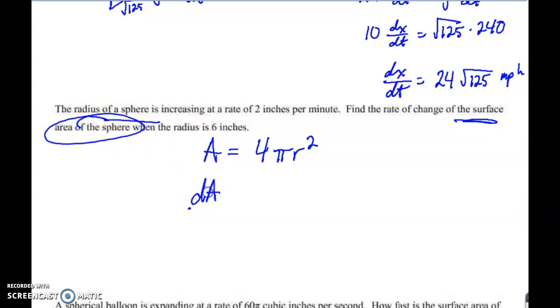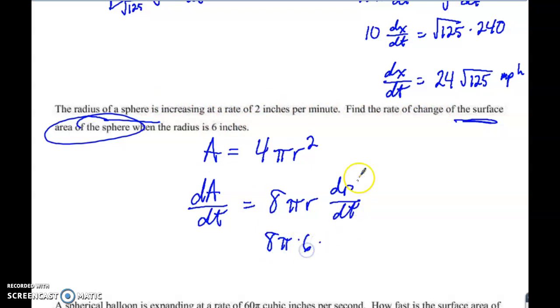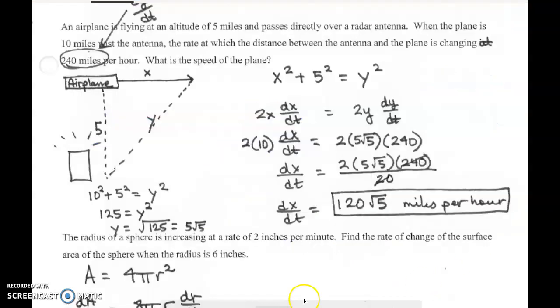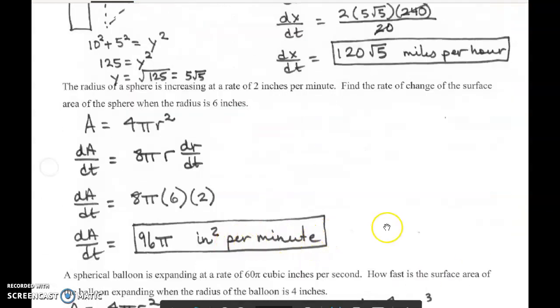That's dA dt, and that would be 8 pi r dr dt. And so as you're looking at that, the radius is 6, so 8 pi times 6 times dr dt is 2. They tell you that in the directions. So 12 times 8 is 96 pi inches squared per minute.